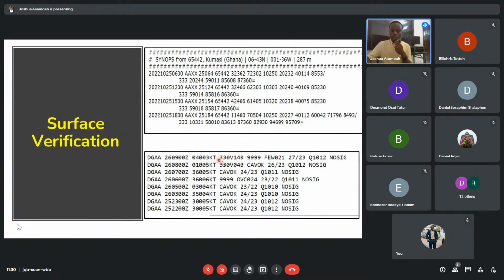Then we have this telling us that the wind is actually varying, and it is changing by 60 degrees or more. If it does not change by 60 degrees or more, it does not qualify for this one. So this is the prevailing wind direction, northeasterlies, but it is ranging between 330 and 140. 140 is a southeasterly wind. 330 is a northwesterly wind.